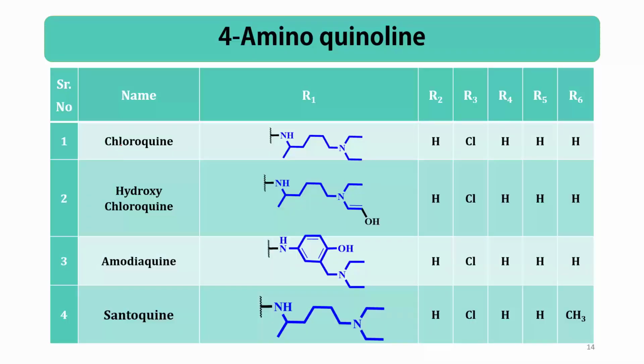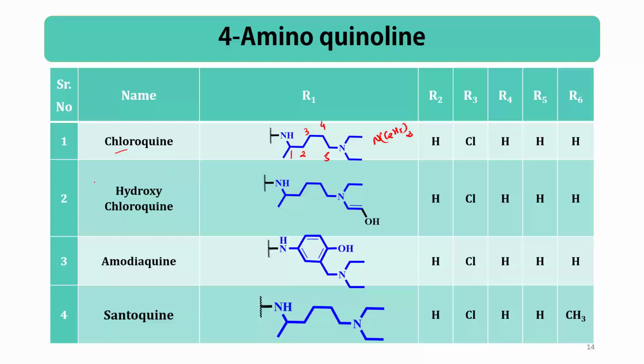There are 4 types of drugs available in this class, which we studied previously in the synthesis section. Chloroquine has at the R1 position a 1, 2, 3, 4 and 5 carbon chain, including the NC2H5 group, and the rest is R2 H, R3 Cl, R4, R5, R6 having a CH.